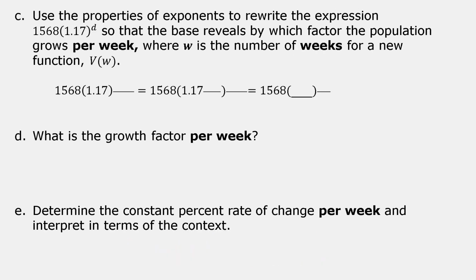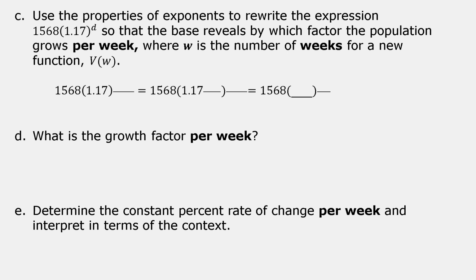All right, so the second part wants us to figure out what the views per week are. So we're going to rewrite our base and figure out our new growth factor and our new rate of change. So W is the number of weeks for the new function.